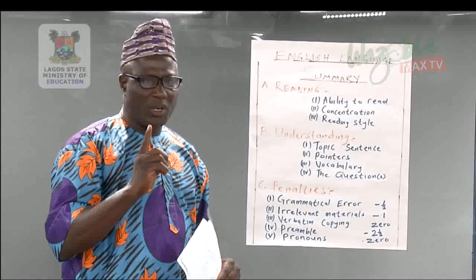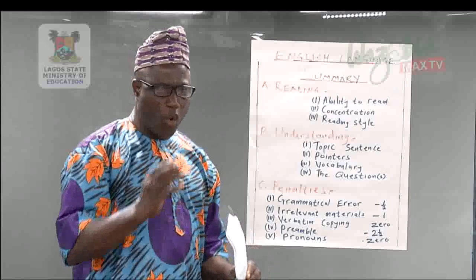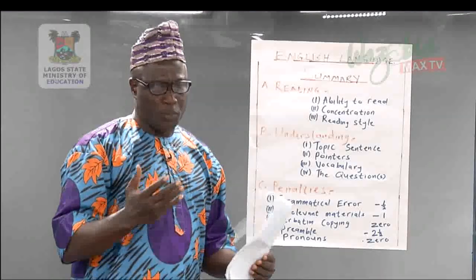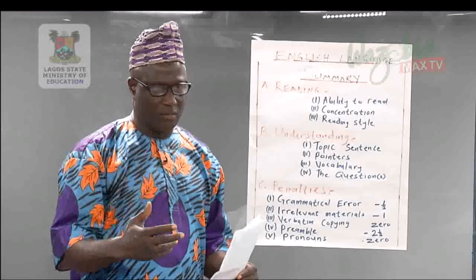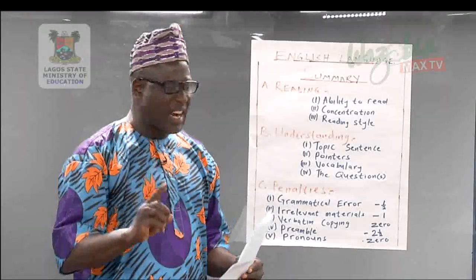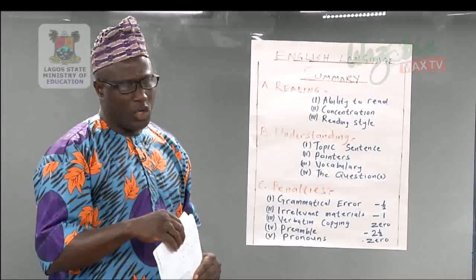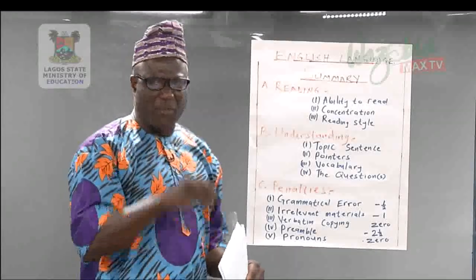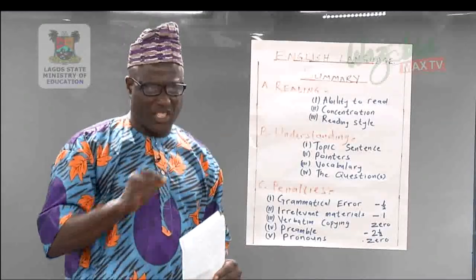Now, you have done the first reading to get the actual message in the whole passage. Yes, the passage is on COVID-19. That is what they call general understanding of your passage. In the second reading, you want to get specific information concerning COVID-19.